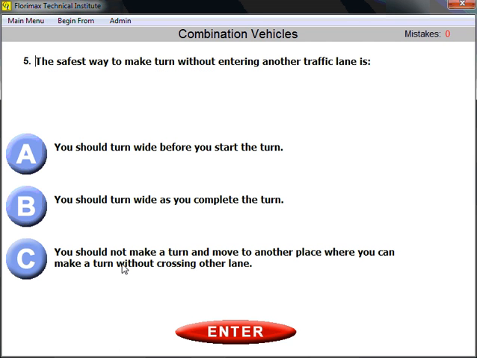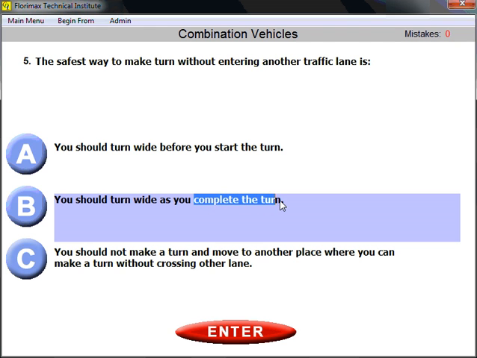Question number 5. The safest way to make a turn without entering another traffic lane is. So what is the safest way for you to make a turn without entering another traffic lane? And this is choice B. You should turn wide as you complete the turn.